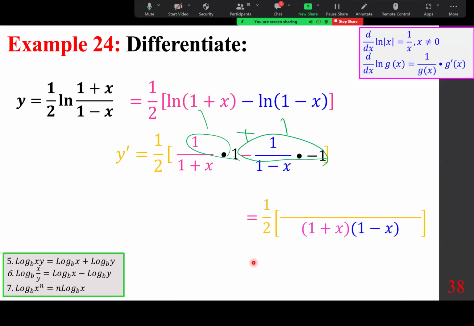So you keep the 1/2. You come up with the LCD, the least common denominator, or just simply common denominator, 1 plus x times 1 minus x. 1 times 1 minus x, and 1 times 1 plus x belong to the numerator. All you have to do is simplify the numerator.